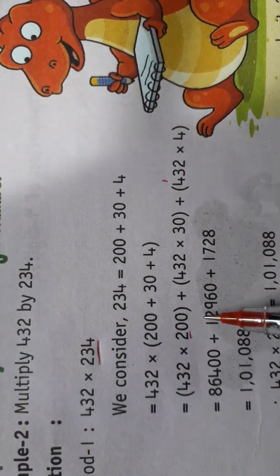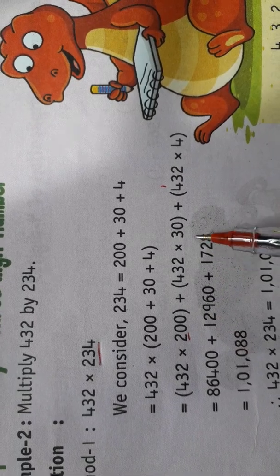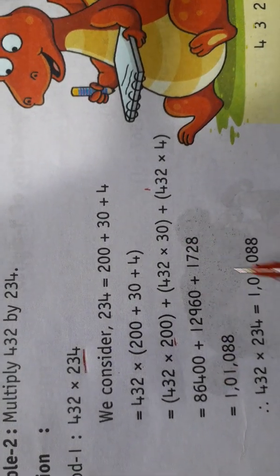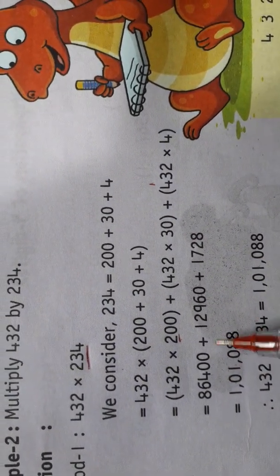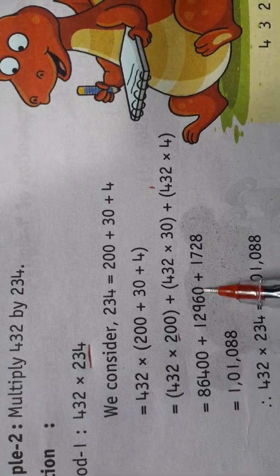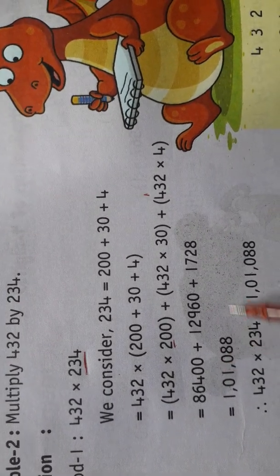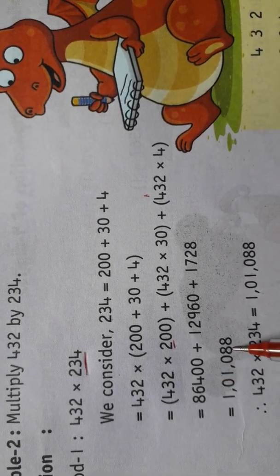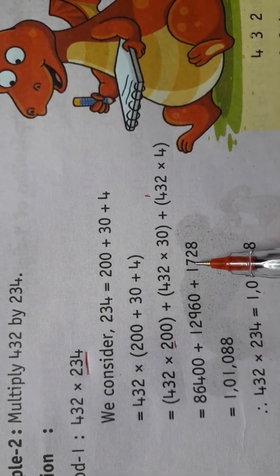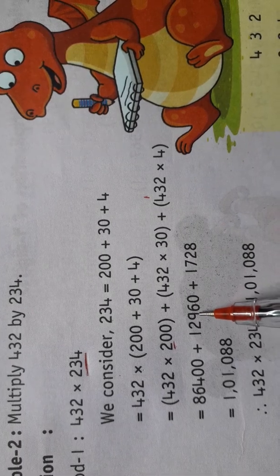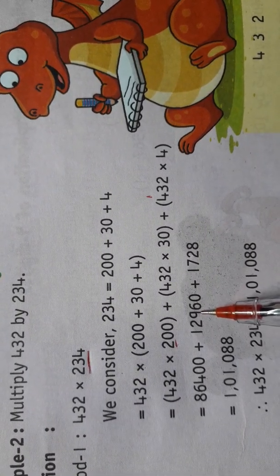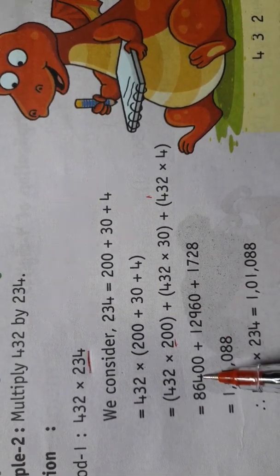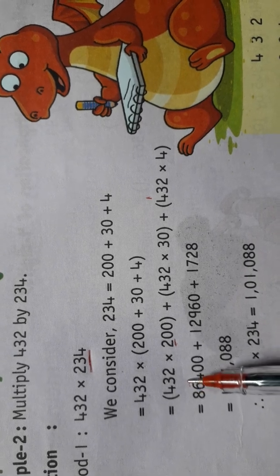Now after getting all the answers of multiplication, we have to add all the 3 digits. Now 8 plus 0 plus 0 is 8. 6 plus 2 is 8. 8 plus 0 is again 8. Now hundreds place, 7 plus 9, 16. 16 plus 4, 20.